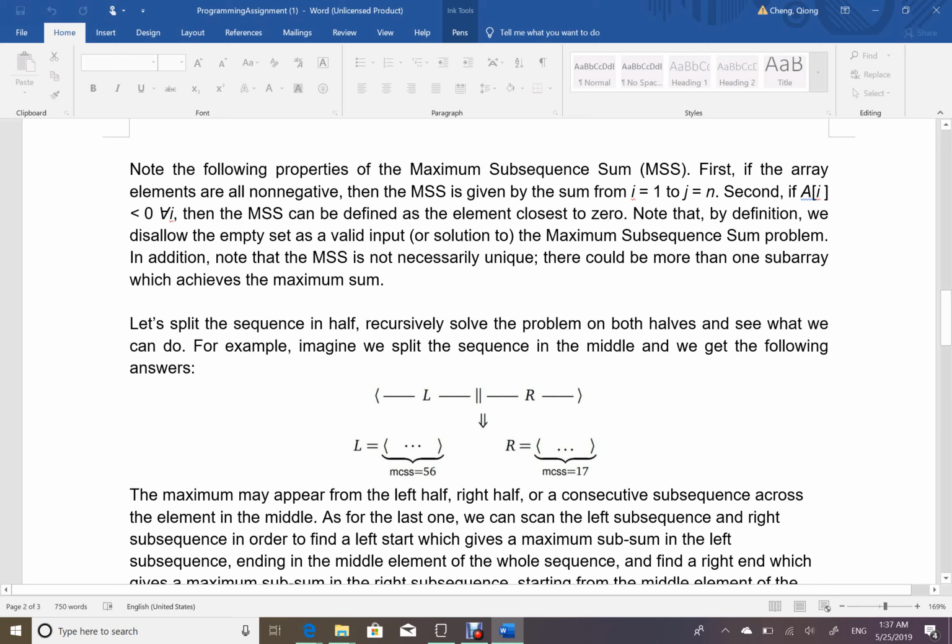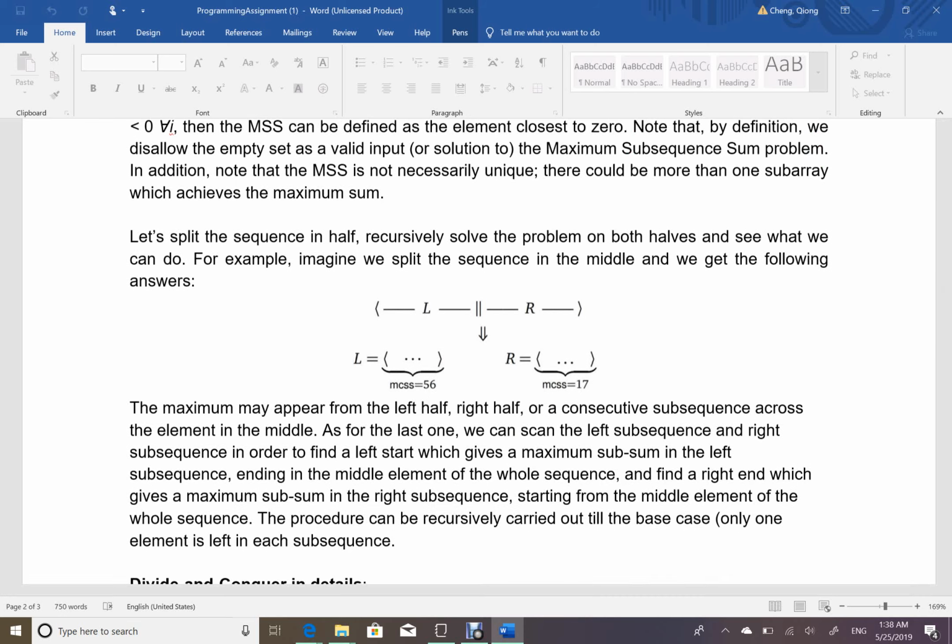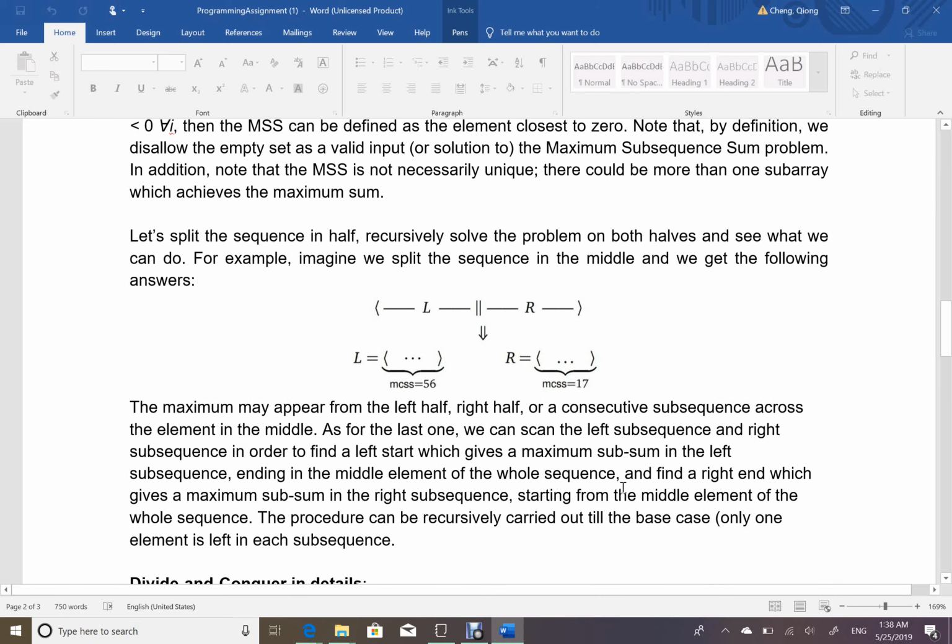Second, if A_i is smaller than 0 for all i, then the maximum subarray sum problem reduces to finding the element closest to 0. Note that by definition, we disallow the empty subsequence as a valid input to the maximum subsequence sum problem. In addition, note that the maximum subarray sum is not necessarily unique. There could be more than one subarray which achieves the maximum sum.